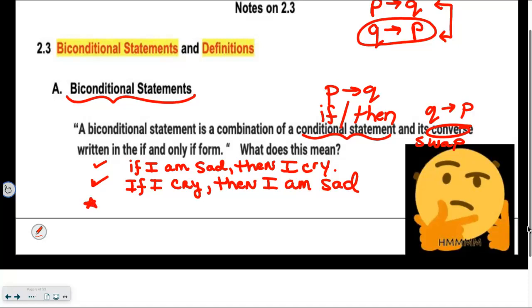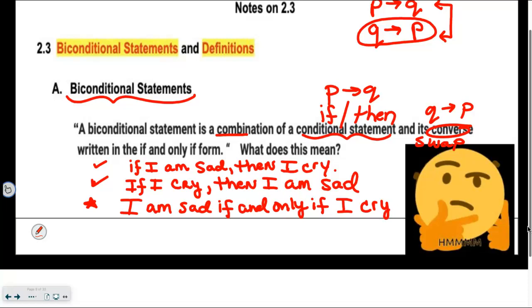So the biconditional statement will combine these two and connect them. So we're going to chuck the if and the then and just say, I am sad if and only if I cry. And I just link them.